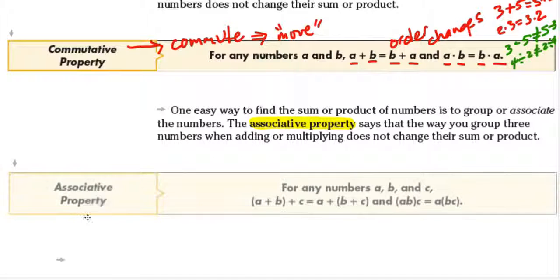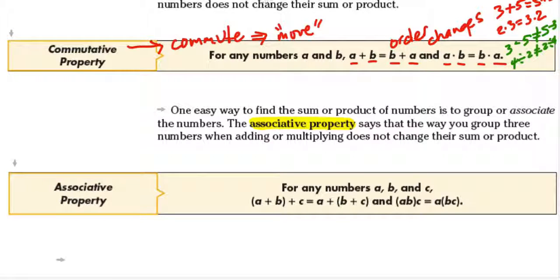This is the associative property of addition and multiplication for any numbers a, b, and c. The quantity a plus b, closed quantity, plus c is equal to a plus the quantity b plus c, and in multiplication, the quantity a times b times c is equal to a times the quantity b times c.